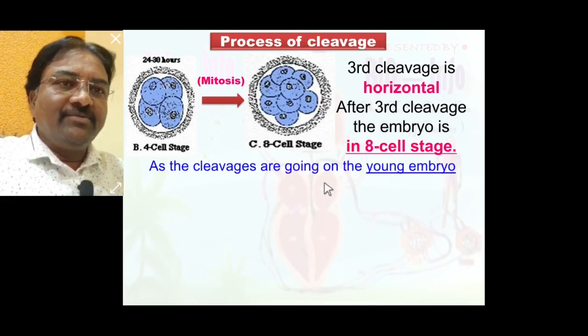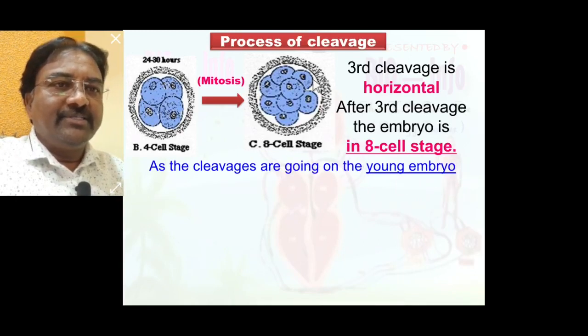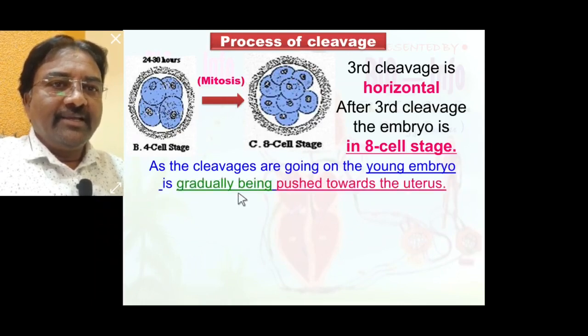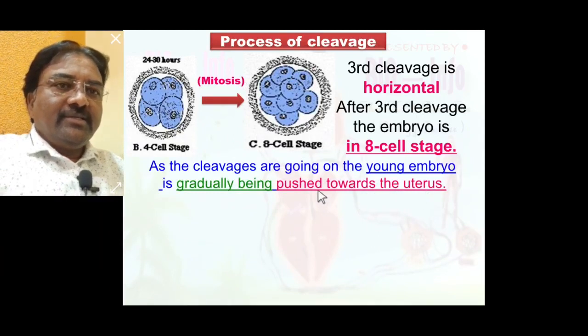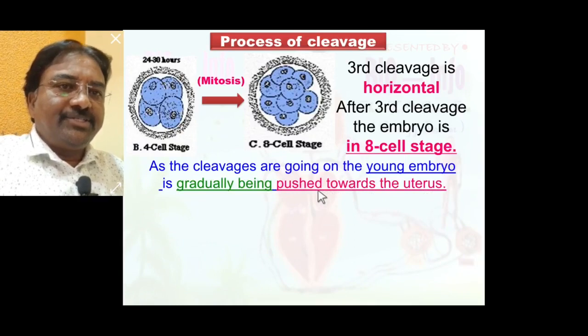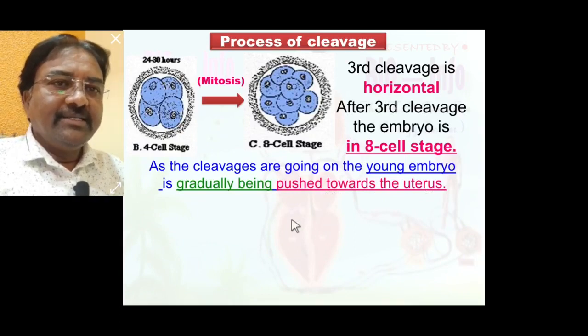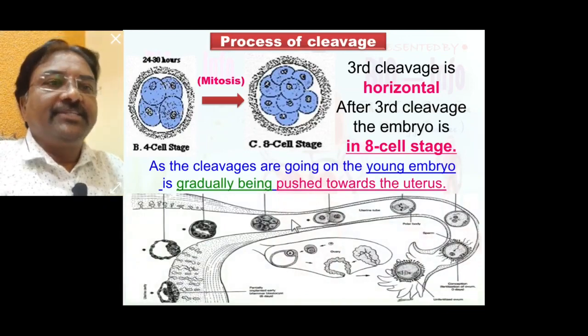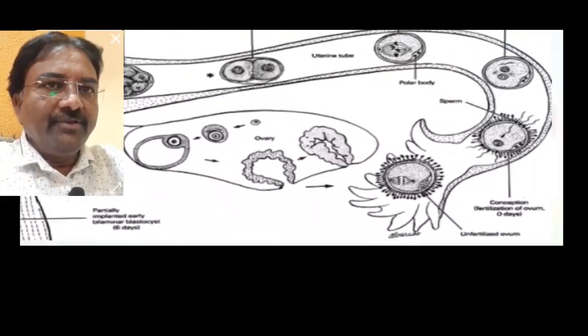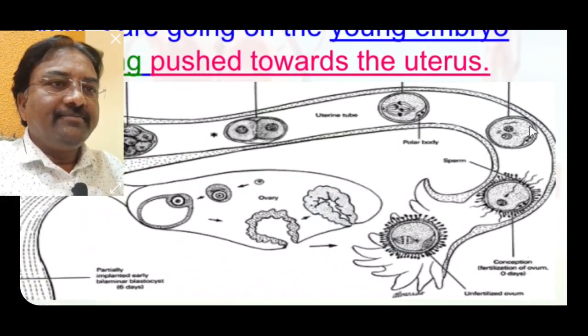As the cleavages go on, the young embryo is gradually pushed toward the uterus. Here is a diagrammatic representation. In the ampulla, the location where fertilization takes place, the male and female gametes fuse after fertilization to form the zygote.